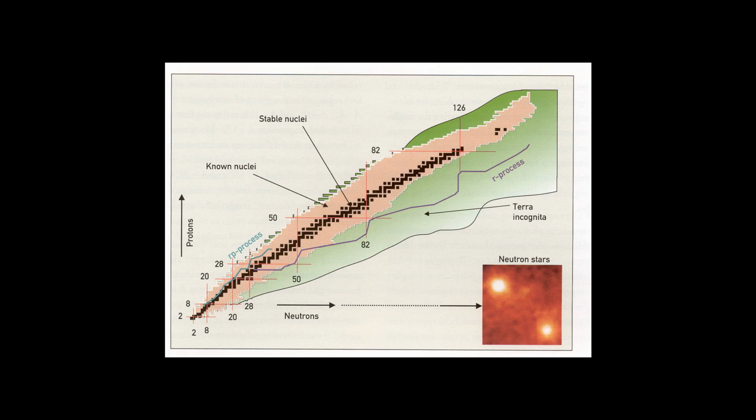This equation for the neutron-proton ratio shows that in stable nuclides the number of neutrons is greater than the number of protons by a factor that scales as A^(2/3).